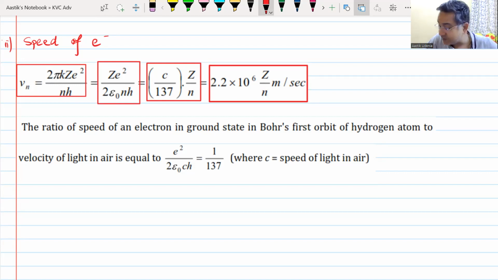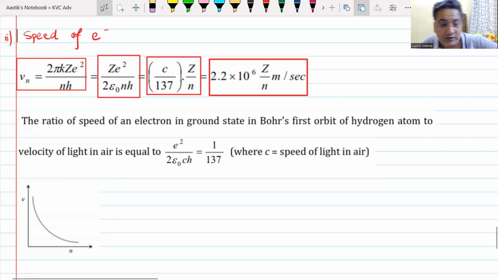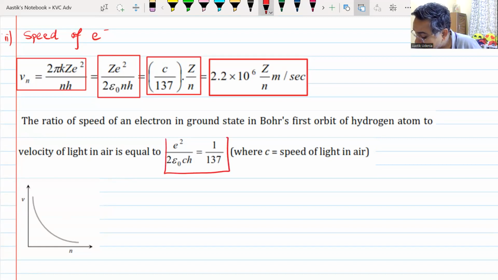Remember, this chapter is all about remembering the formulae in various ways. If you draw a graph between the speed of an electron in the nth orbit and the number of the orbit, it will be a rectangular hyperbola. Do we understand this? Yes. Now this C by 137 is known as V naught, where V naught is the speed of the electron in the first Bohr orbit. Do we understand this?